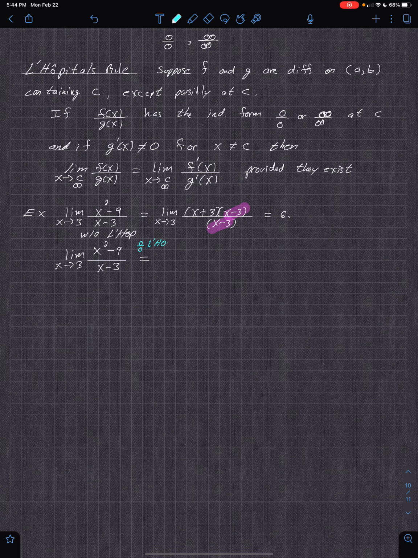It's just like a little notation in the margins. So you take this derivative and this derivative. Don't use the quotient rule. So with L'Hop, you get the limit of 2x over 1 as x approaches 3, and that's, of course, equal to 6.